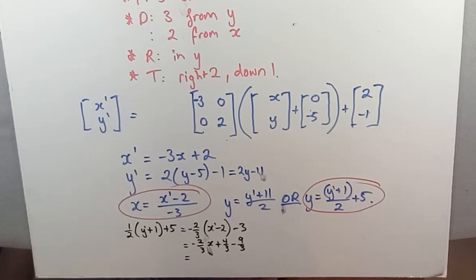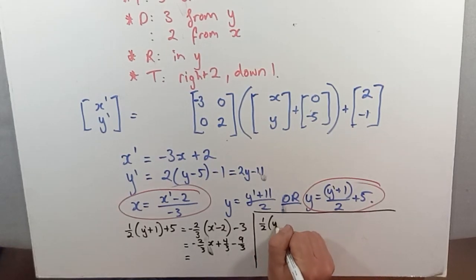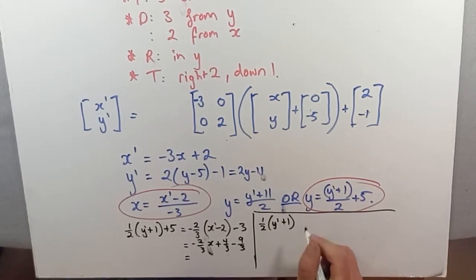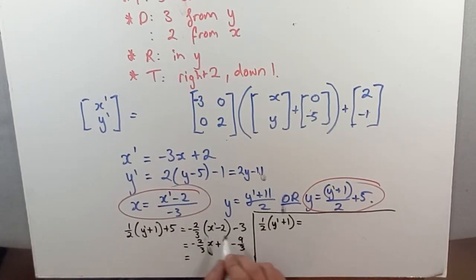What does that give me? Oh, running out of room. So half of y prime plus 1 equals, I'm going to put the minus 5 on the other side. Maybe I should have just done that to start with. Make that minus 8.